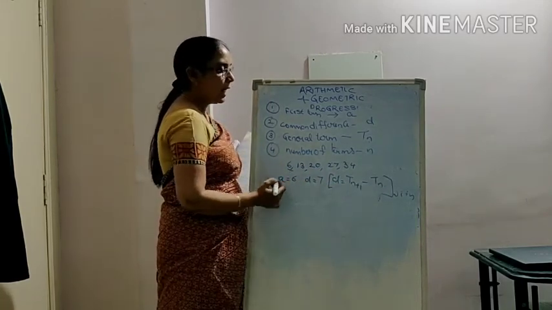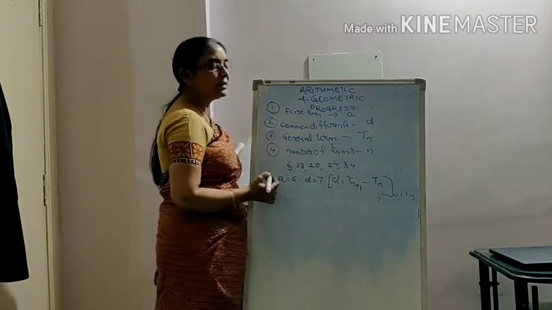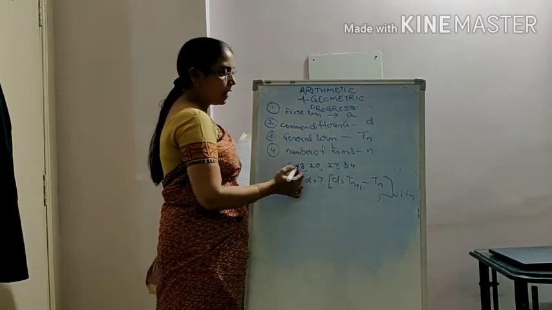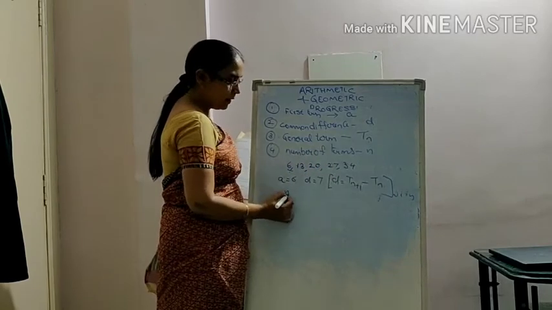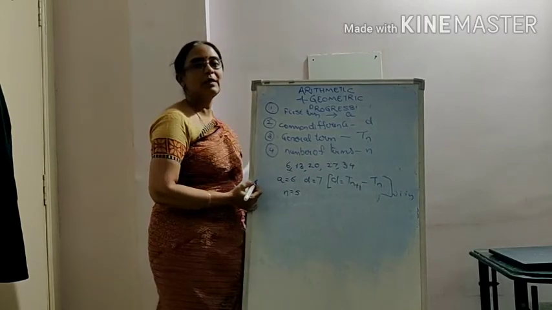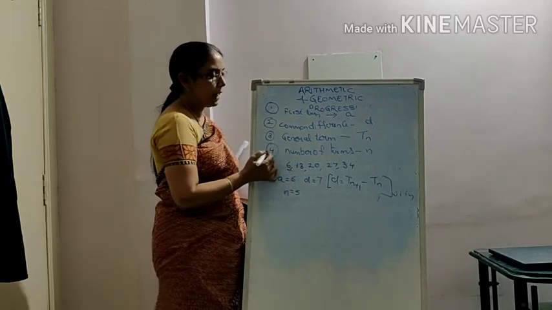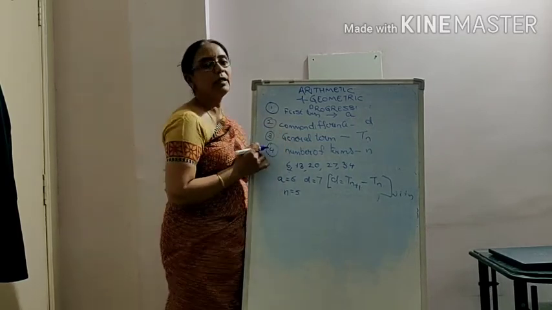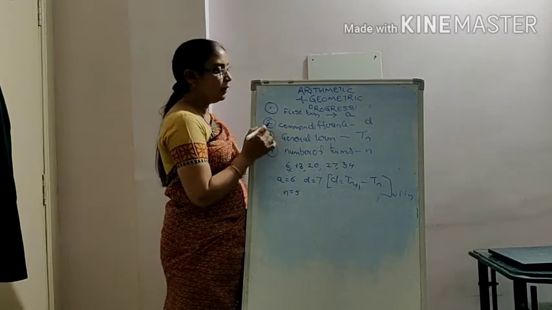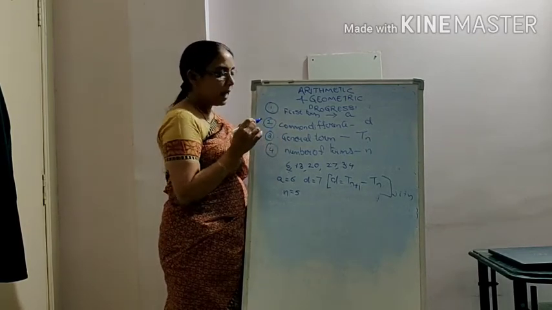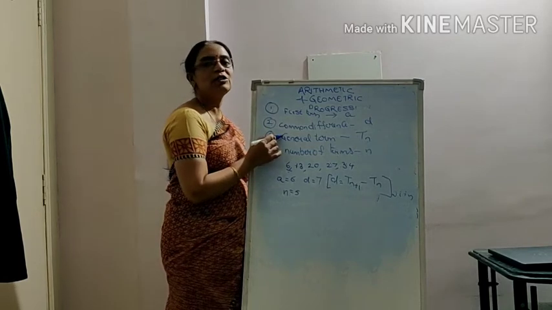n is the number of terms. If I end the sequence with 34, the number of terms is 1, 2, 3, 4, 5, so n will be 5. This is how we take it in the sequence. And if we know any three of them, we can find the fourth one. Say if I know the first term, common difference and number of terms, I can find the general term.